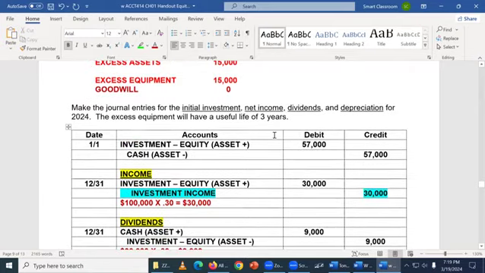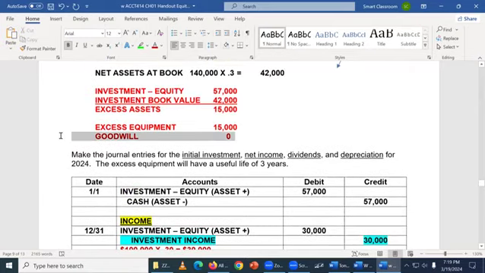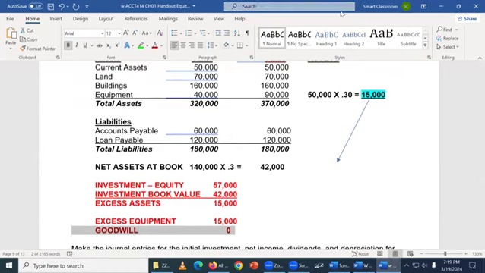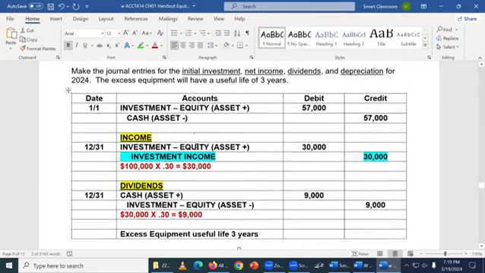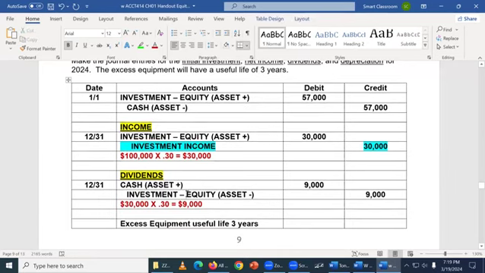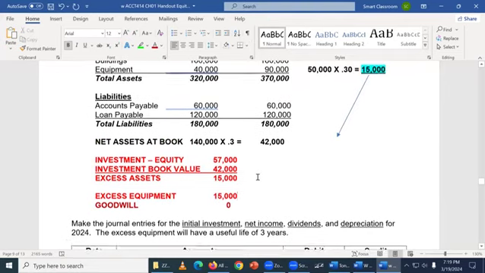I'll tell you something odd about the goodwill when it comes to the journal entries here. While you can identify it, it actually has no bearing on our journal entries, because we don't depreciate or amortize it. So it wouldn't matter on these even if we skipped it for the journal entries, but in this case, the goodwill would be 0.